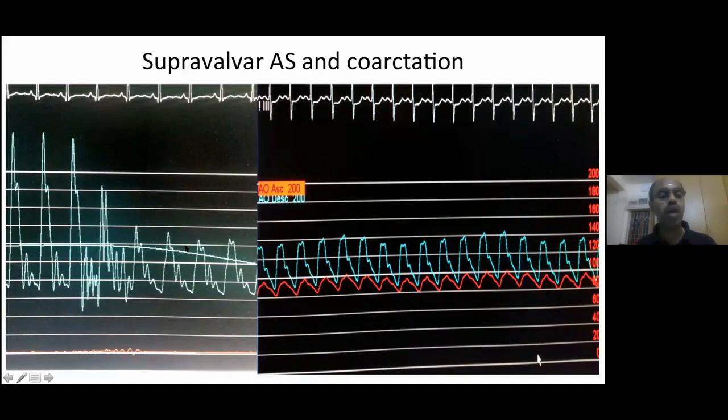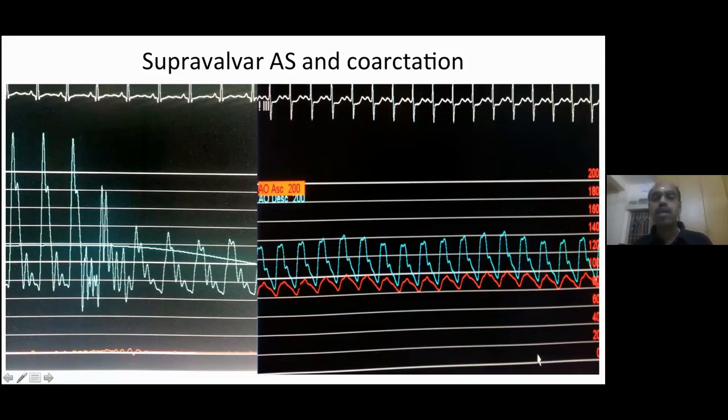The reason why it is so is that the baroreceptors that are setting the level of the aortic pressure are located at the levels of aortic arch and carotid bodies, and they are distal to the level of supravalvular aortic stenosis. The lack of resetting of the baroreceptors will result in normal aortic diastolic pressure above the level of gradient.